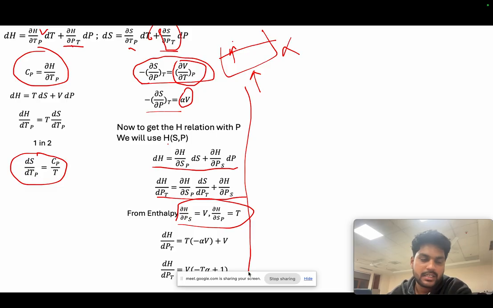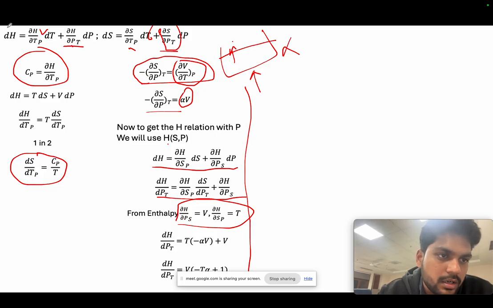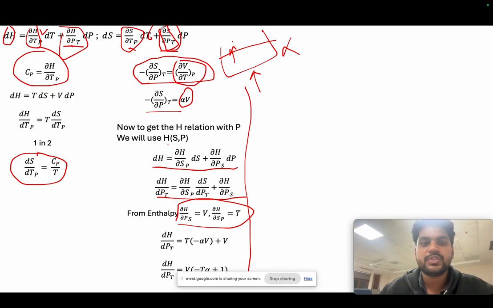If you can understand how to get this term, and this one, and this one, and this one, these are the four important terms which you need to figure out. It's better to try it out by yourself.